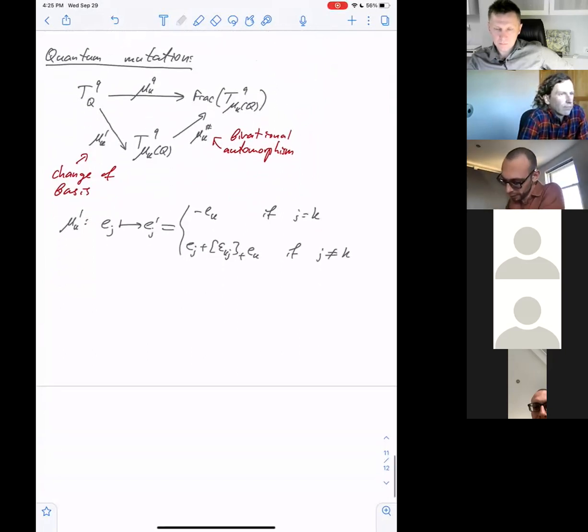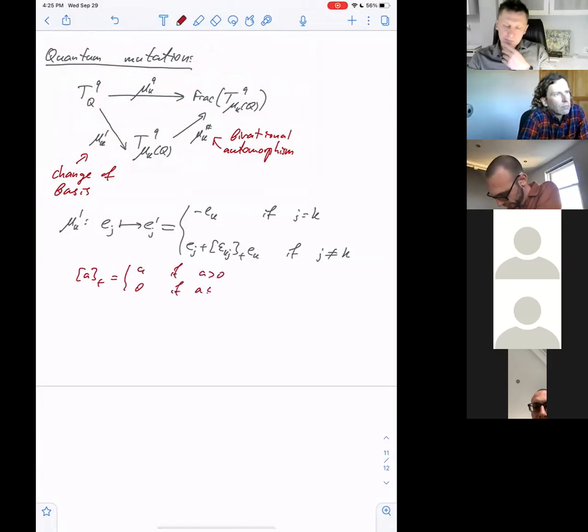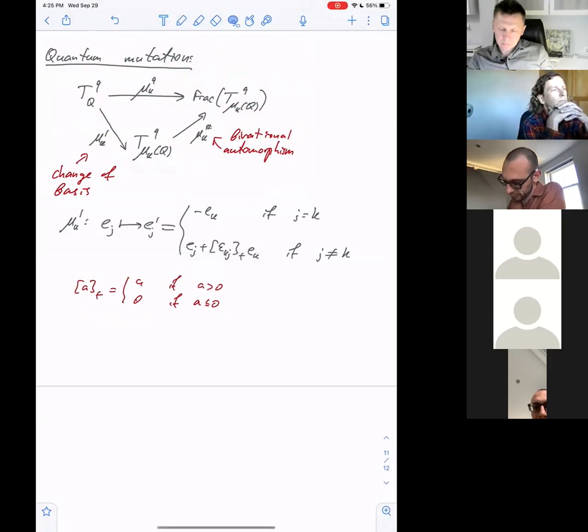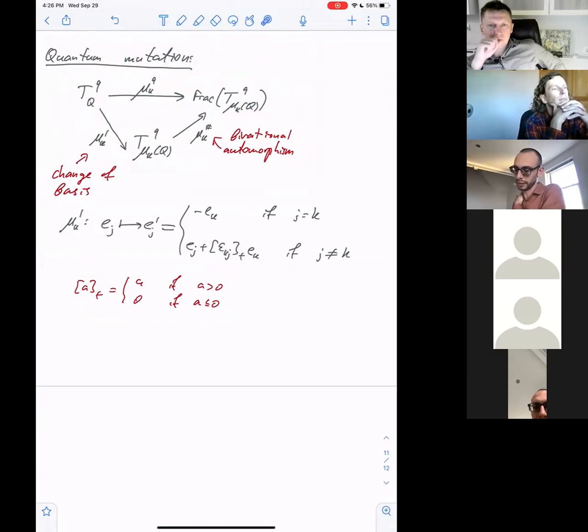Here a_+ is equal to a if a is greater than 0, and to 0 if a is less than or equal to 0. So this is just taking epsilon_kj if it's positive and forgetting it if it's negative.